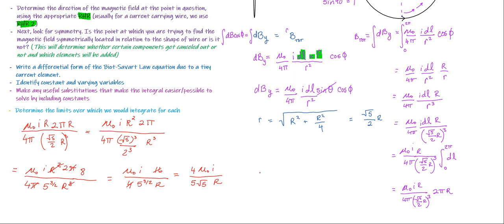So here we have the expression B is equal to 4 over 5 root 5 times mu naught I over r.